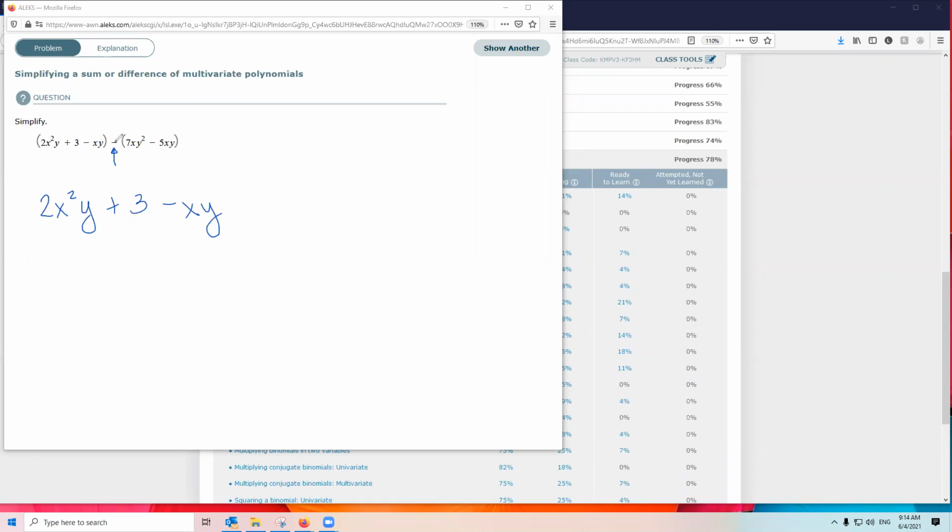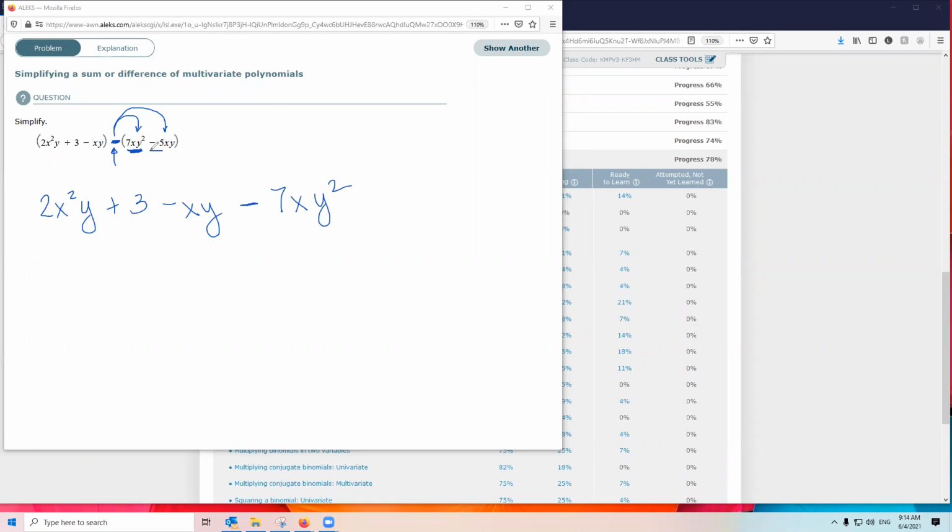Now, remember, when you have a subtraction in front of a parenthesis, you can remove the parenthesis by changing the sign of each term in the back parenthesis. So this 7xy squared is starting out as positive, but because of that subtraction sign in front of the parenthesis, it flips it to be minus.